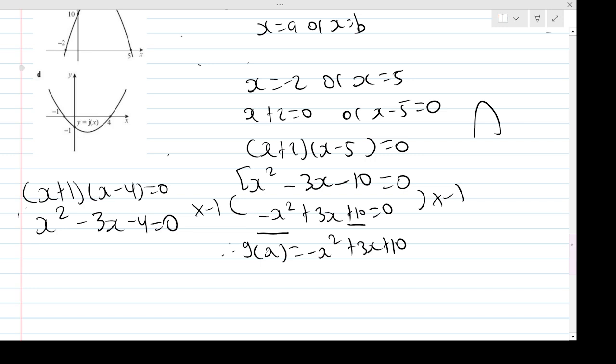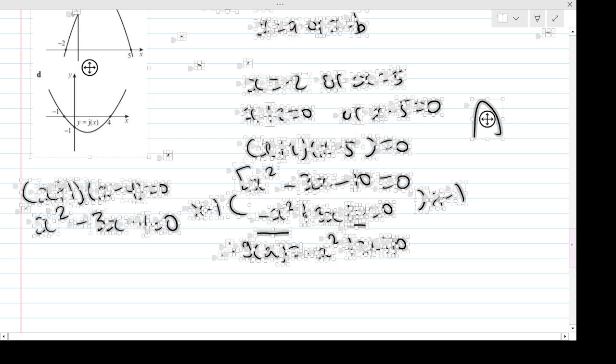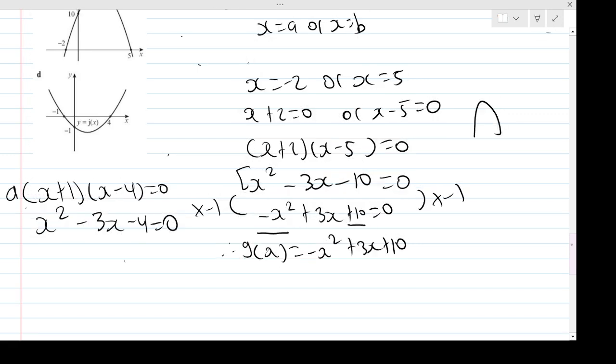But why is that? Well, that's because when we are factorizing in the opposite direction, going backwards to get the factors to expand, what you need to account for is the coefficient of x squared, a.